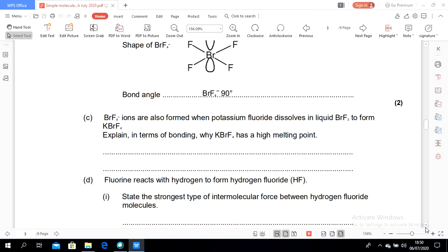It has a high melting point because it is ionic bonding. Why ionic bonding? Because this is a polyatomic ion reacting with the potassium ion. Potassium is a pure metal, group 1. So group 1 reacts with the polyatomic non-metal ion to become ionic bonding.